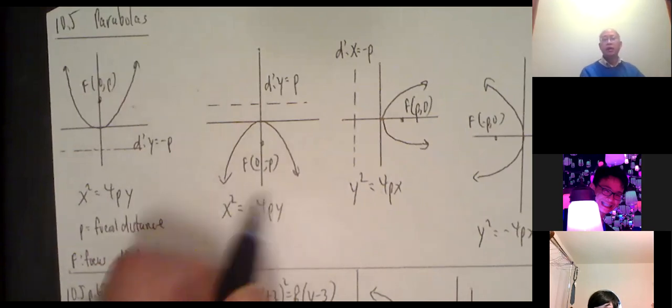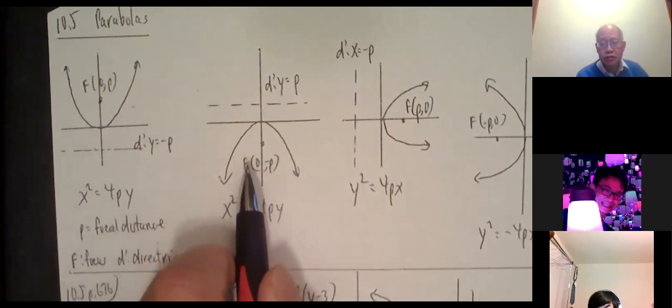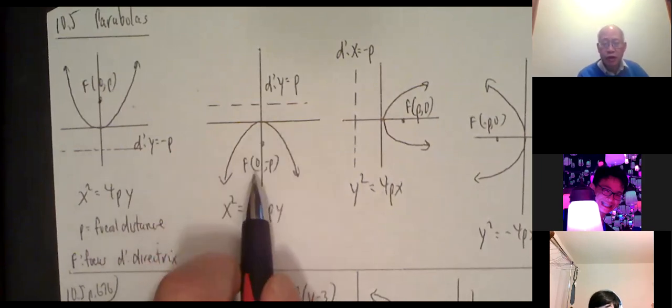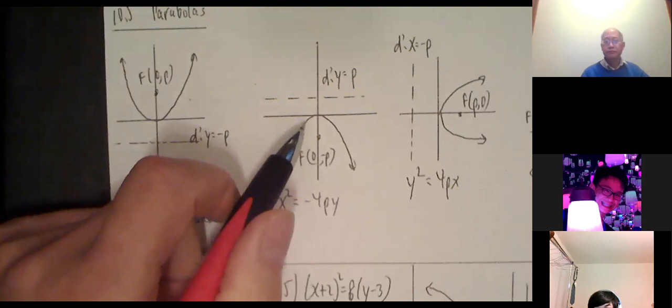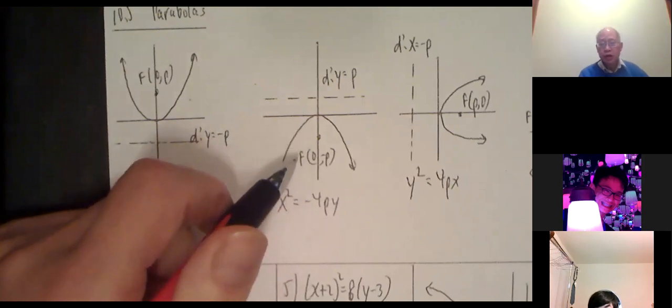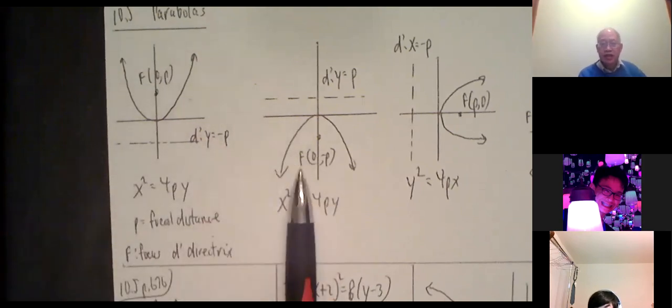Now I'm going to hasten to add, if you look at what the text has, Mr. Stewart, he writes it differently than what I have. Technically, what he has is correct, but I don't like the way he does it. Obviously, I'm biased. I like the way that I do it. If you want to know what he does, he leaves it as x squared equals 4py, but he says p is negative.